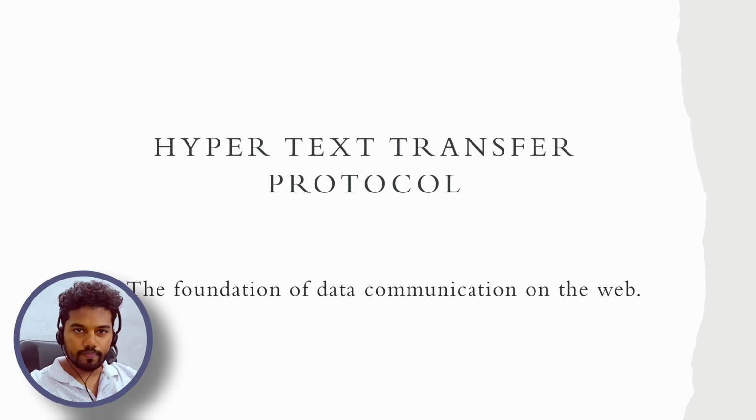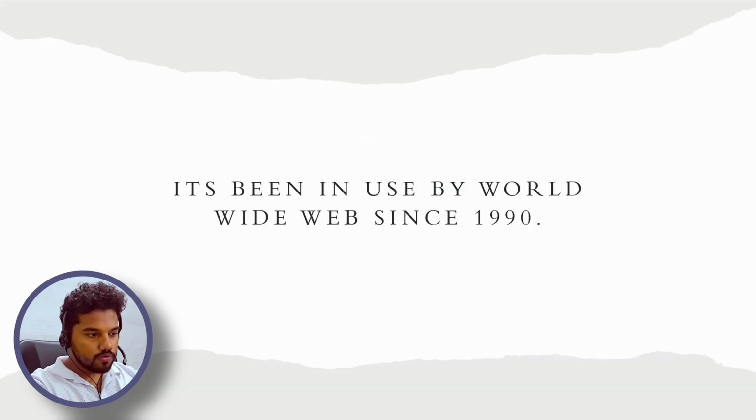HTTP. If you go back in history, it has been in use since the early 1990s. There's something called Requests for Comments, RFCs. In these RFC documents, it is stated that HTTP has been there from 1990.